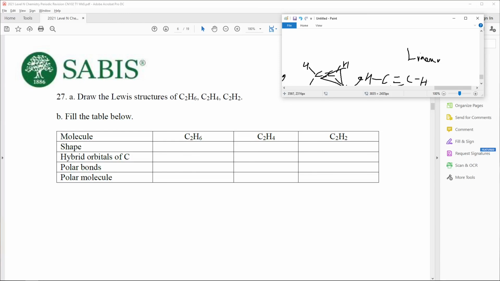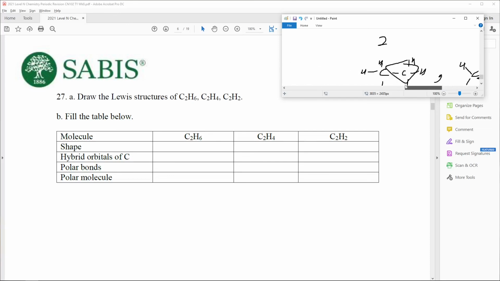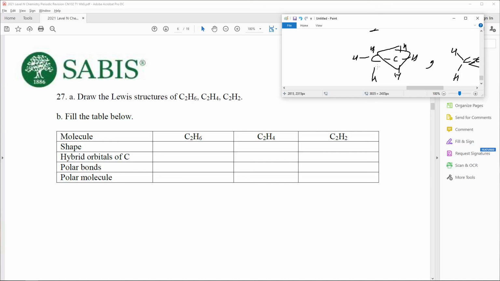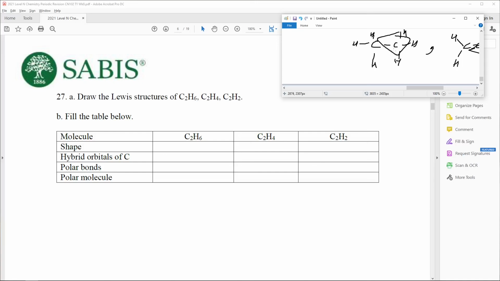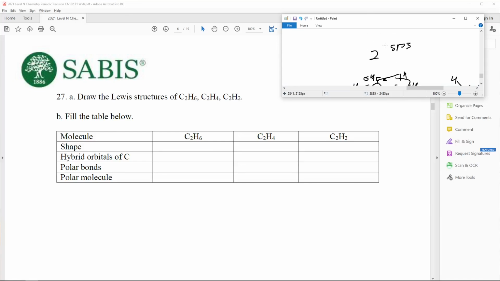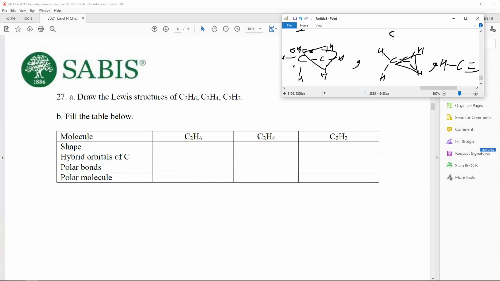Now the sp's, they asked about it in the next one, the hybrid orbitals. The hybrid orbital of this one, both C's experience the same kind of hybridization. So you'll have sp3 because you have 4 sigma bonds, each one's like sigma, sigma, sigma, sigma. So that's 4 minus 1, you get 3. The next one is sp2. Why?